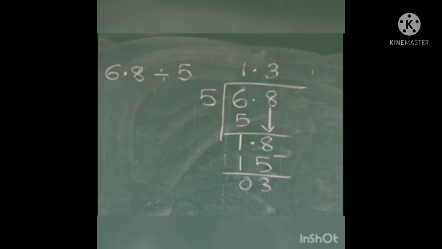What value can we insert? You have studied the concept of equivalent decimal numbers, isn't it? That means after the decimal point, if I add 0, it doesn't make any change to the value of the number, isn't it? That is the meaning of equivalent decimal. So in order to get the remainder 0, I can add 0 here.